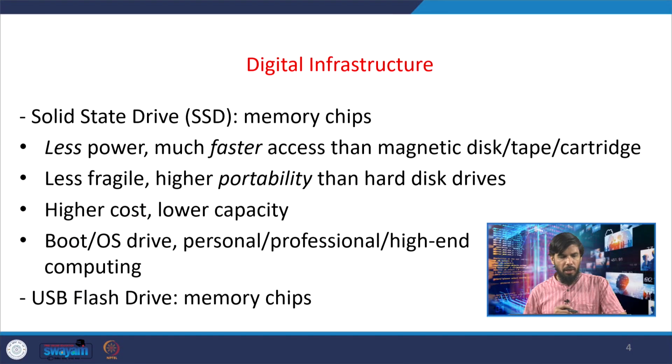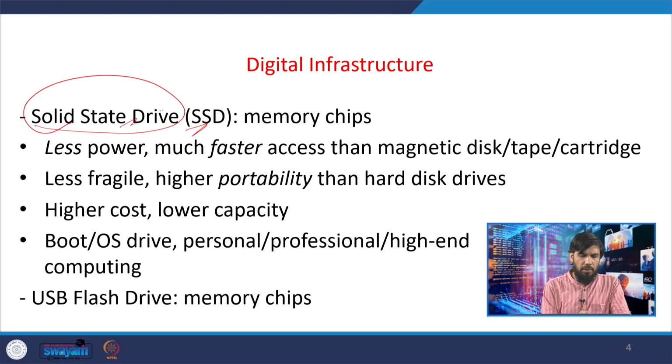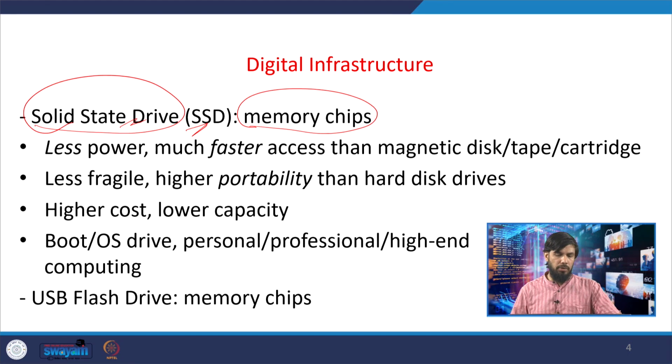Then moving on, the next one is the solid state drive, SSD, right. The underlying technology is memory chips. For the previous HDD, the underlying technology was the magnetic disk. In the case of solid state drive, the underlying technology is memory chips. Memory chips we have already talked about, in the sense that the CPU and the memory both use chip based technology.